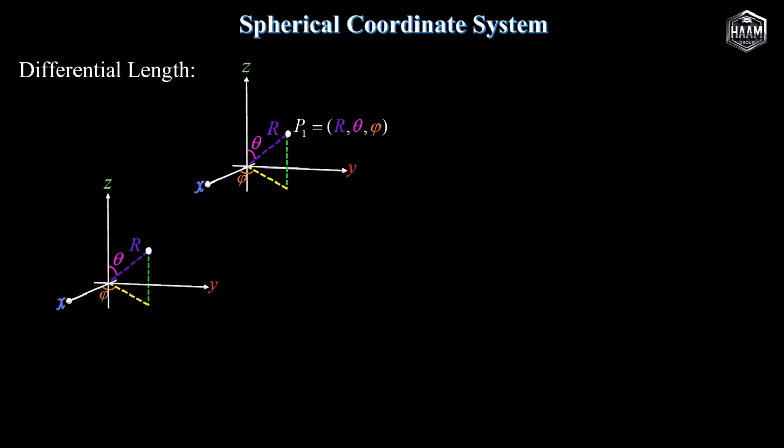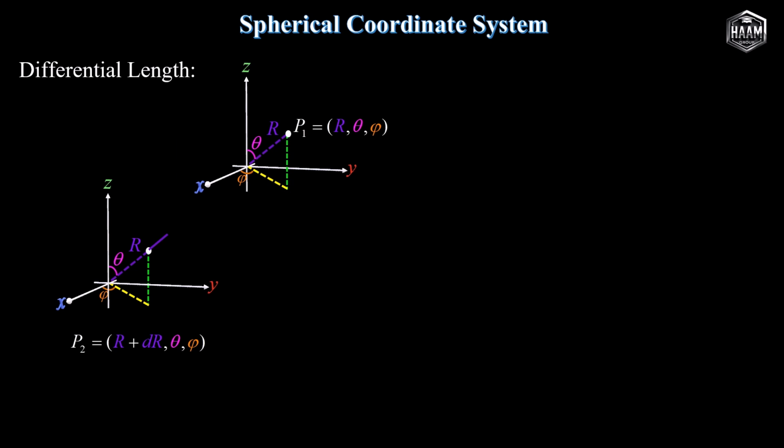Let's start with capital R. Suppose a differential d capital R is added to the capital R component of point P1, giving point P2. As shown in the figure, point P2 is obtained this way.